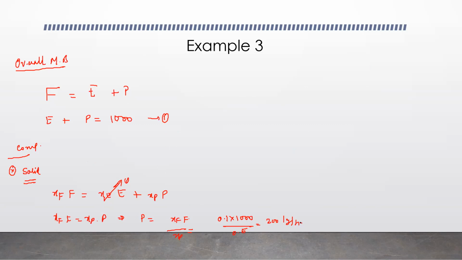All right, 200 kg per hour. This is my P. All right, then using my equation number 1, I'm going to get E equals 1000 minus P, that is 1000 minus 200, that is 800 kg per hour. All right.